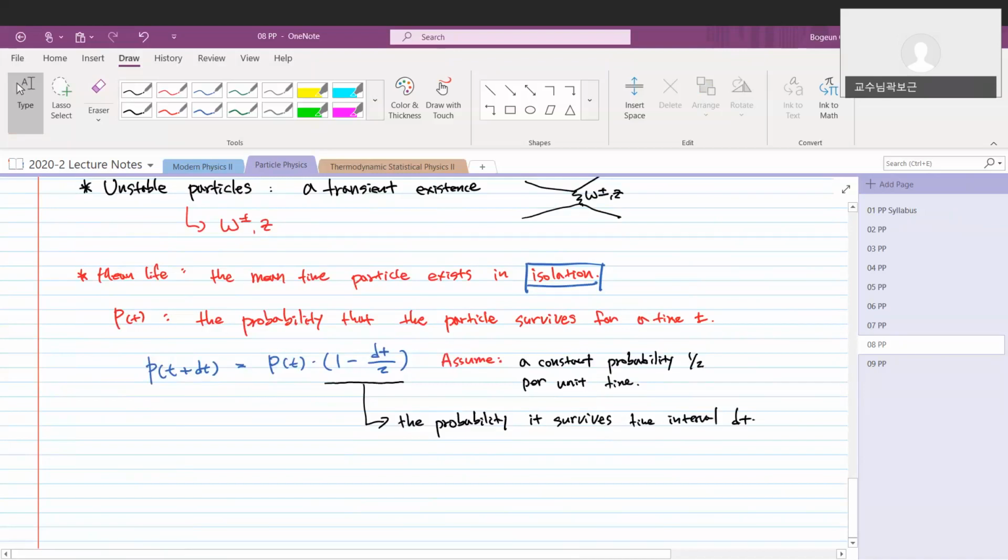For the particle to exist at t plus dt, the particle should be alive at time t. We assume a constant probability of 1 over tau per unit time. Then we construct such a relation. So let's go further today.